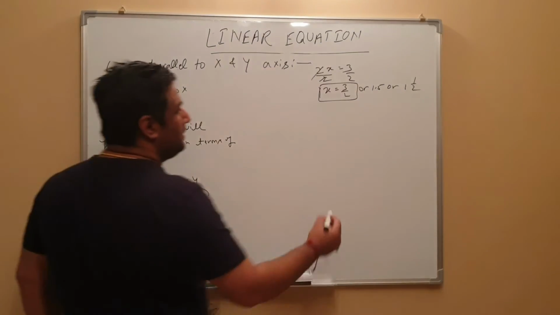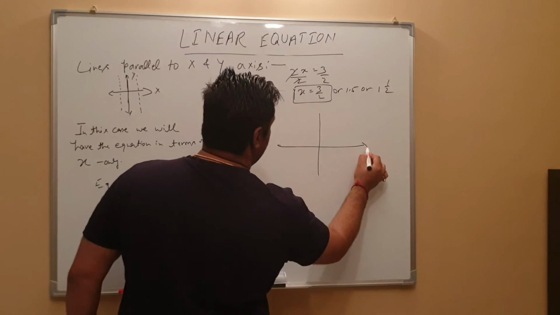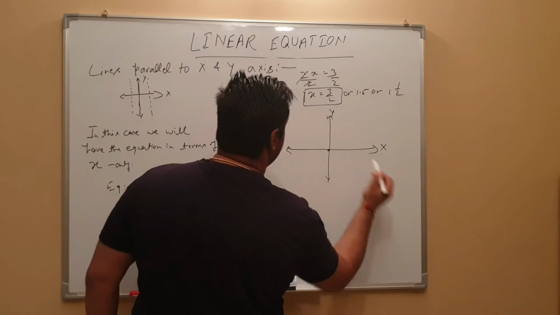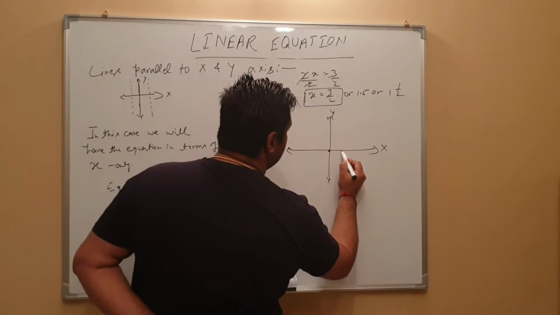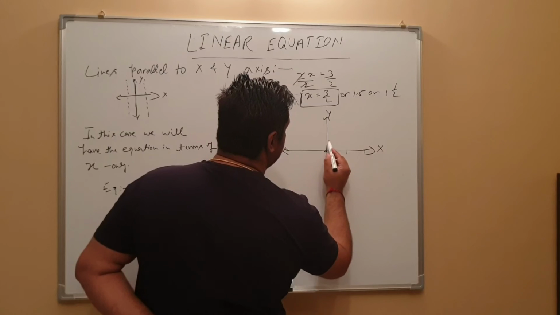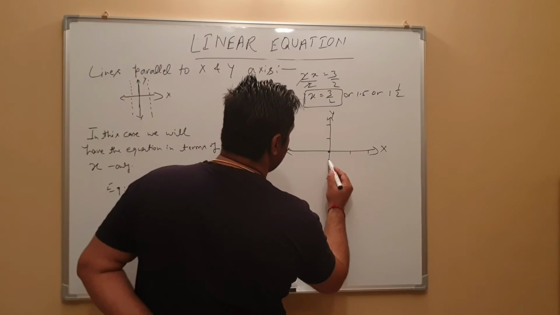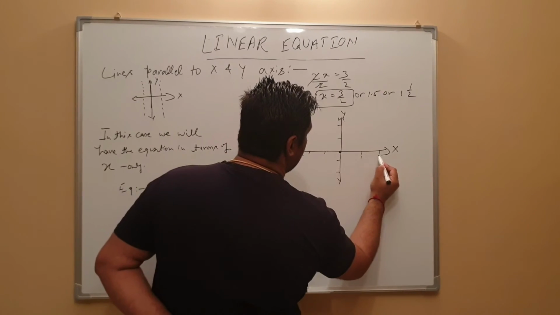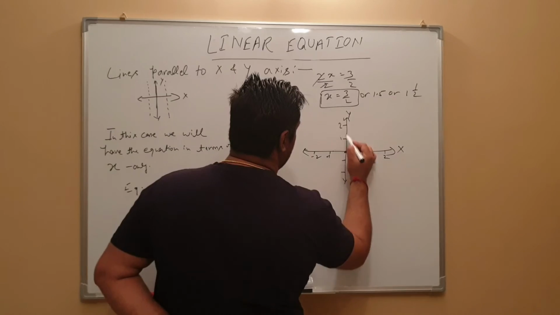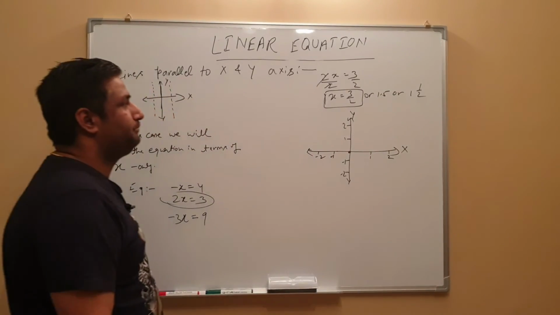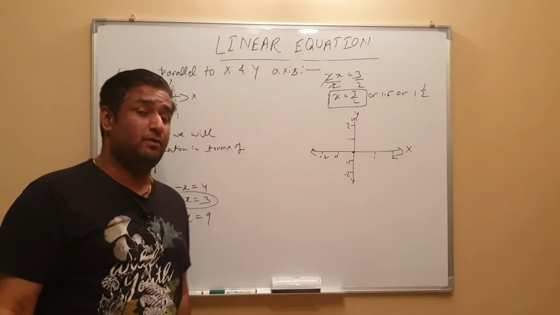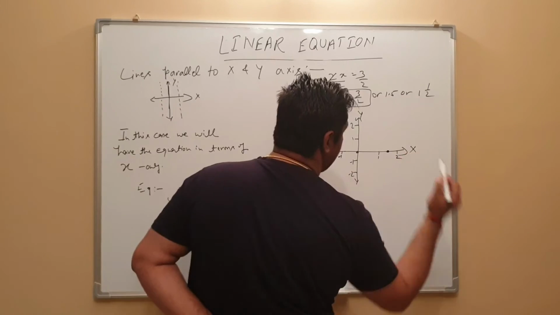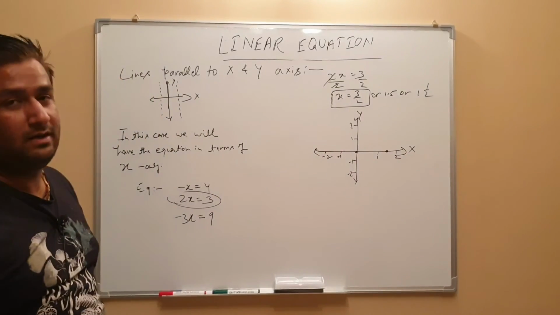Okay, quickly I'll make the axis grid. x and y, this will be 0. Now the x values are 1 and 2, negative 1, negative 2, correct? So x is 3 over 2 or 1.5. So this is what the point is going to be, somewhere exactly between 1 and 2.